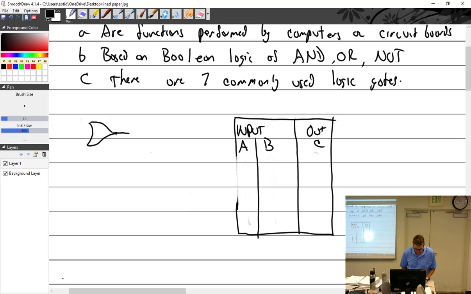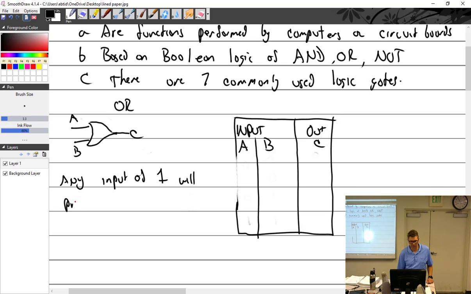So there's an OR, with A, B, C. OR is any input of 1 will produce a 1.